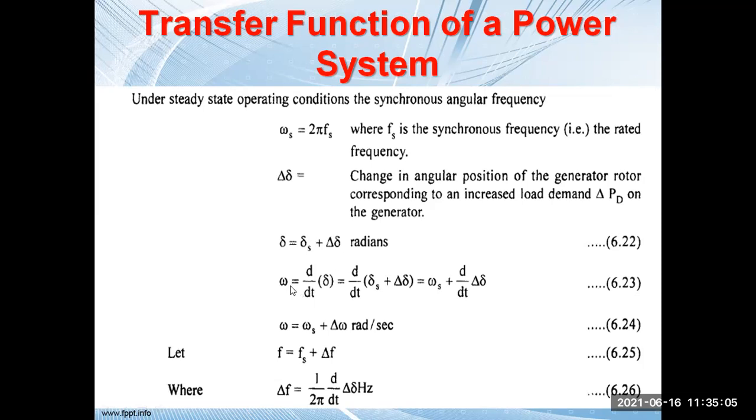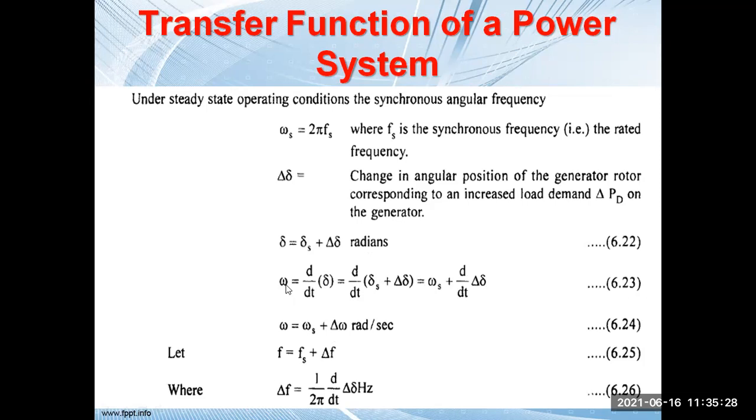Now omega equal to, we know that d/dt of delta, because this is angular speed and this is the angle. So angular speed will be the rate of change of the angle, d/dt of delta. Now what is delta? Delta equal to delta s plus delta delta. So this will be d/dt of delta s, which is omega s, and d/dt of delta delta.